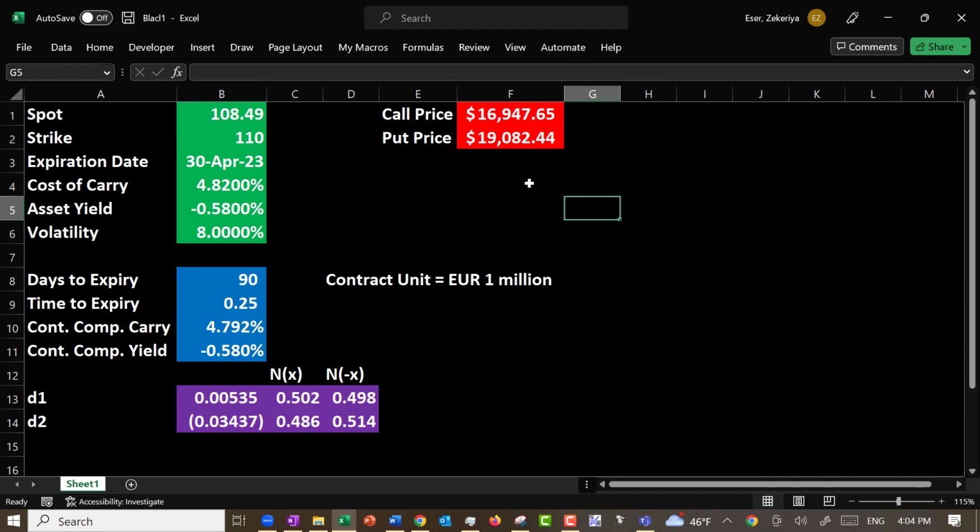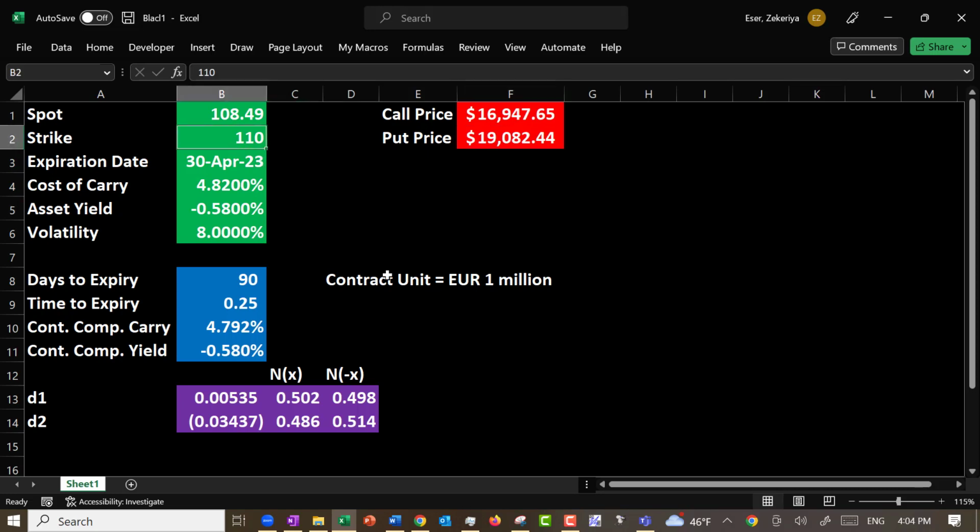This basically says if you do one contract, which means you buy the right to buy euro at 110 on 30th of April 2023, to get that right, you need to pay about $17,000 on it. If you want to do the same thing for the right to sell, which is a put option, you need to pay about $19,000.